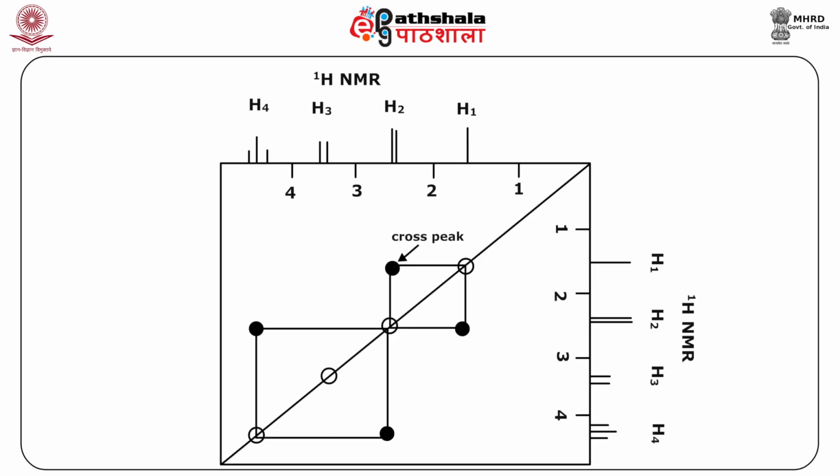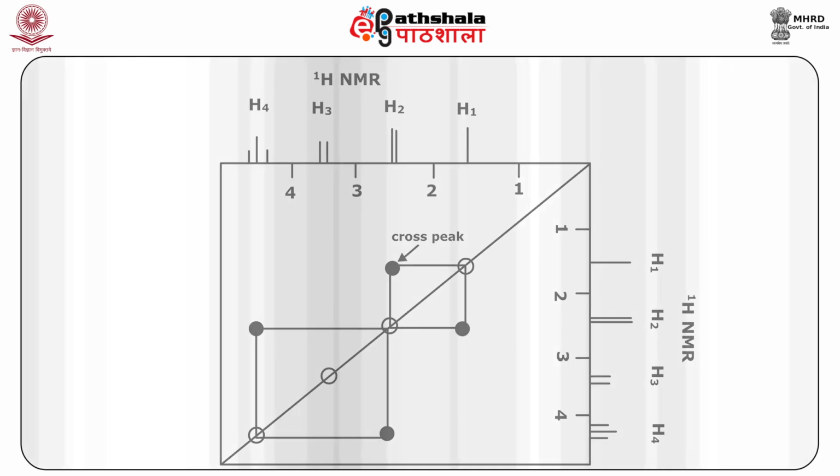You can observe that there are many contours lying along the diagonal extending from the lower left corner to the upper right corner. This diagonal bisects the 2D NMR into two parts which are mirror images of each other. The off-diagonal contours are also called cross peaks and contain the connectivity information that we require. The contours lying on the diagonal serve only as reference points.